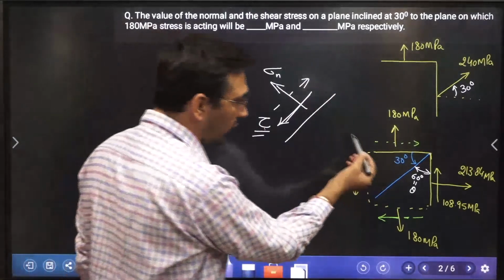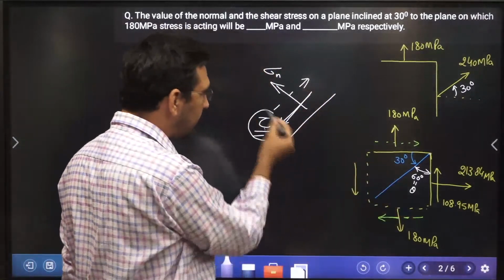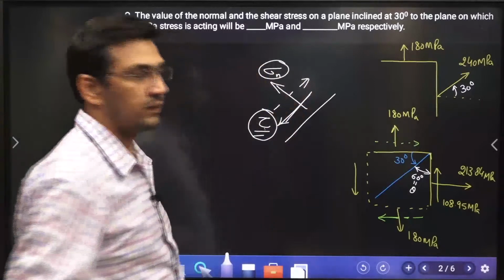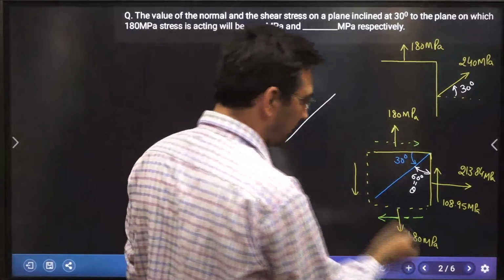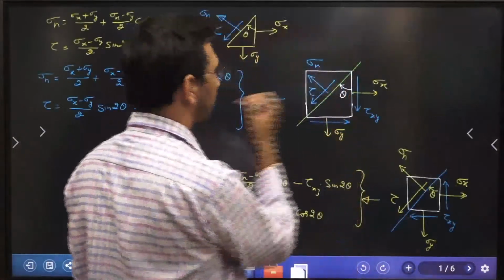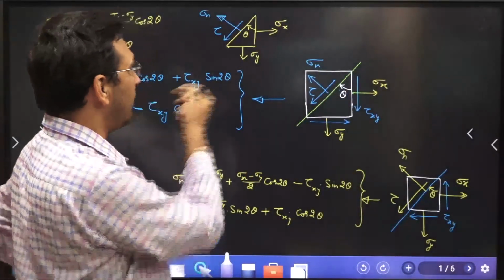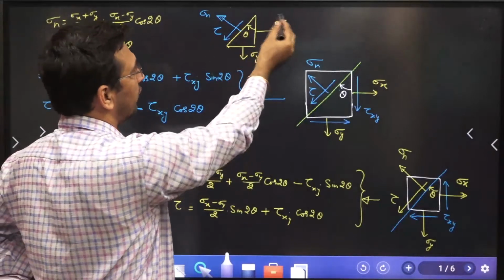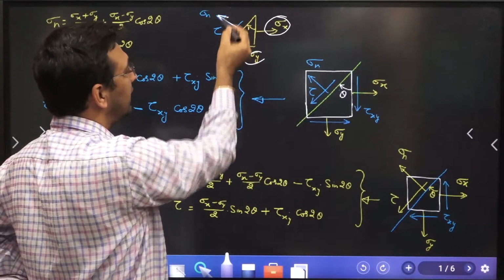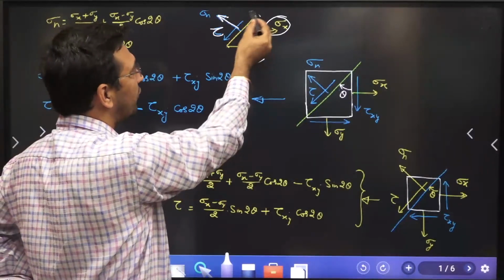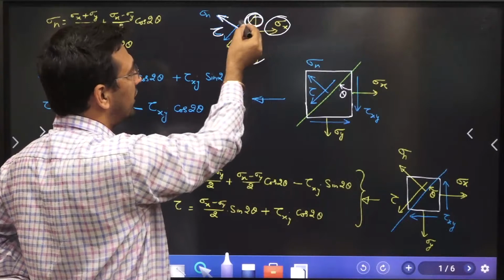So I need to assume this and this nature. What will be convenient for us is your understanding of how you have taken it. For example, when I have applied the stresses over here, whether compressive or tensile, here I have considered the tensile, and the tau that I have taken is away from the angle that I am considering over here.